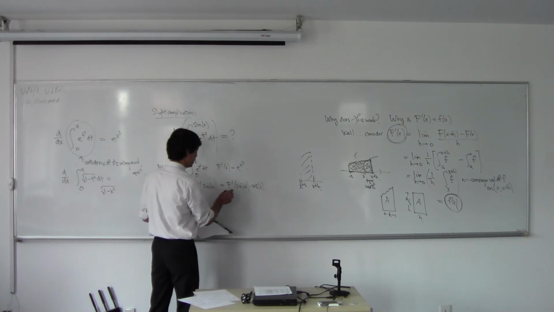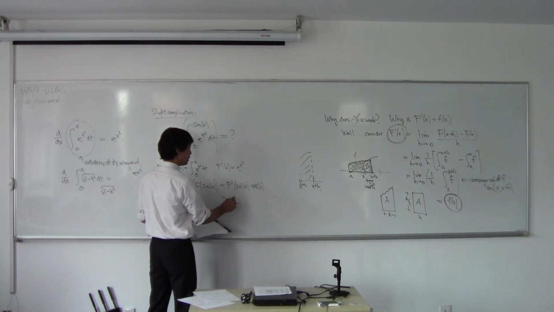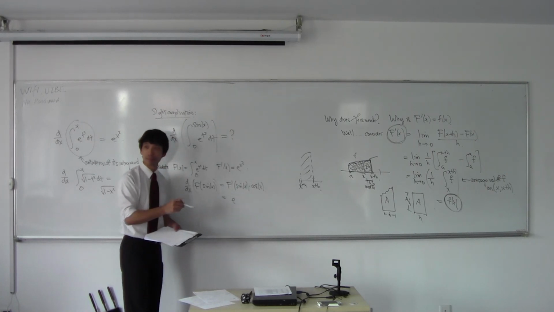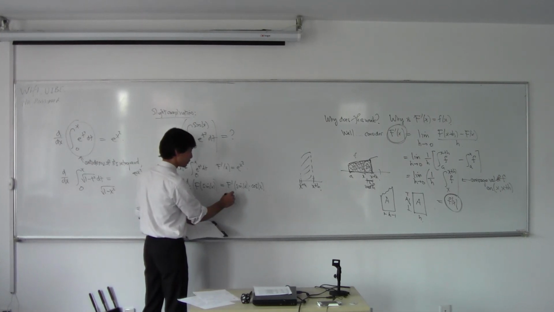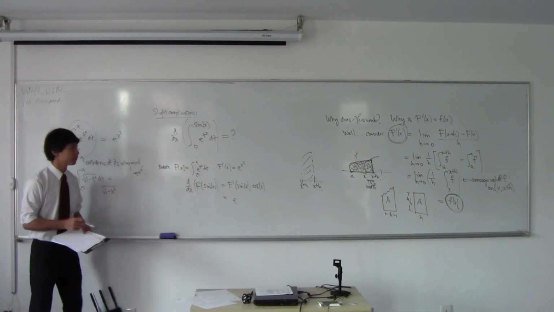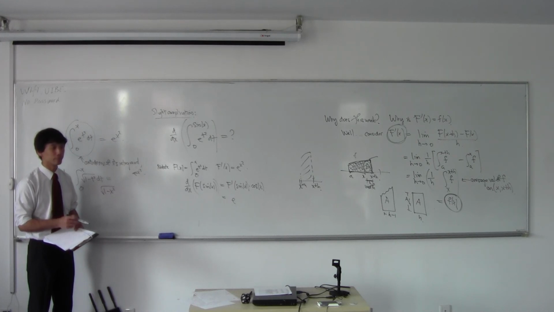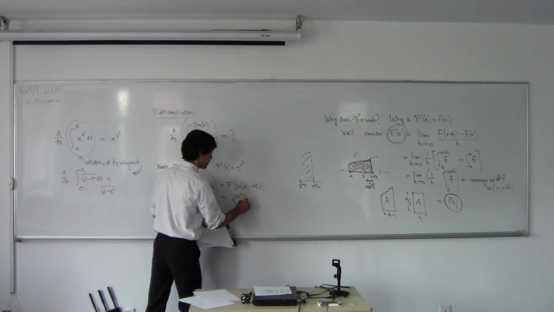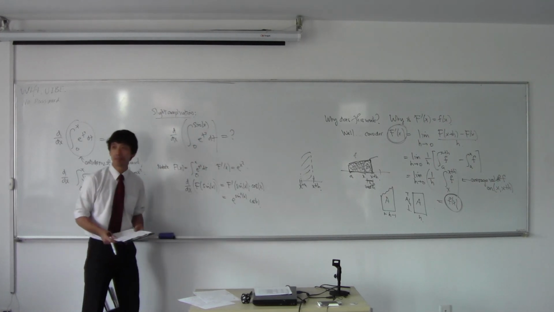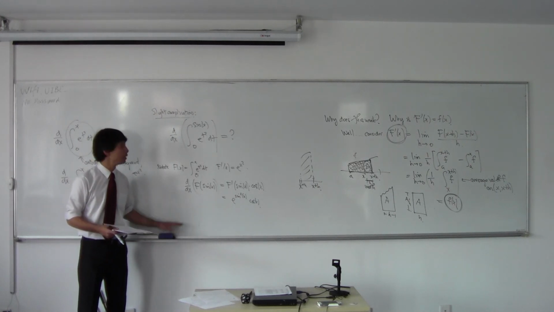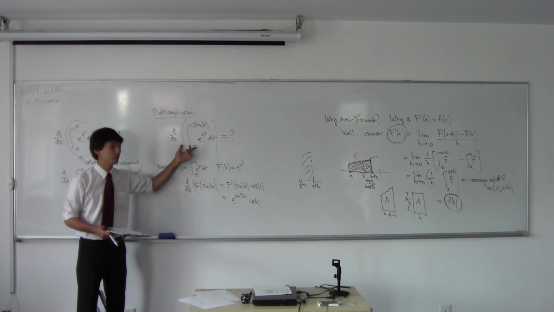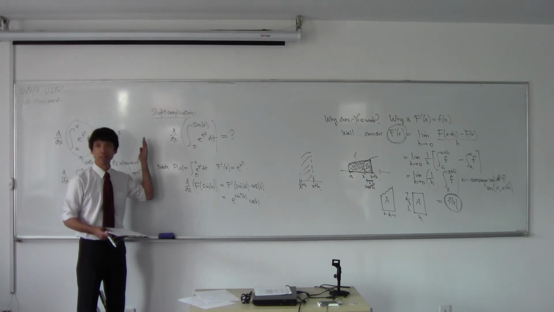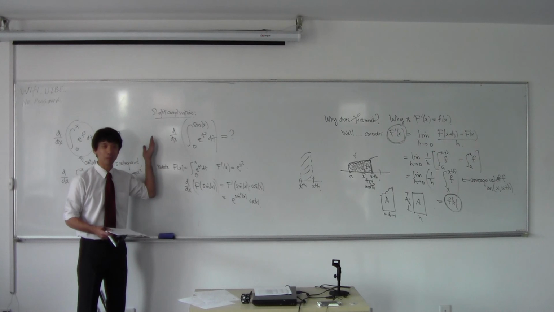And so you get e to the sine squared x times cosine x. That's just the chain rule. It looks complicated, but all it is is combining the previous stuff with the chain rule, with the stuff from a long time ago.